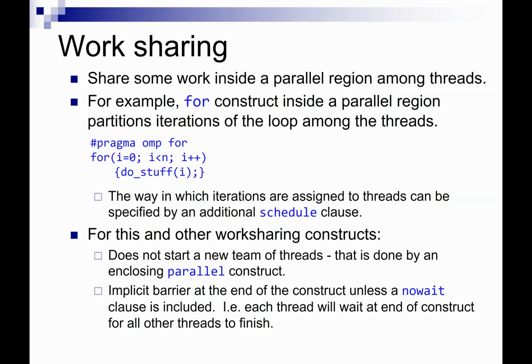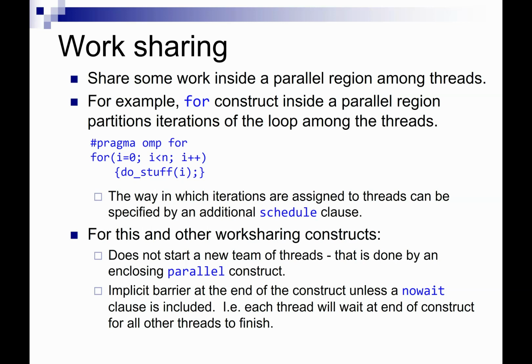Something else is that when you have this parallel for loop, you have multiple threads and they're each doing some iterations of this for loop. So there's actually an implicit barrier at the end of this for loop. Let's say you have 100 iterations and 5 threads. Some of the threads might finish all the iterations that they're responsible for very quickly.